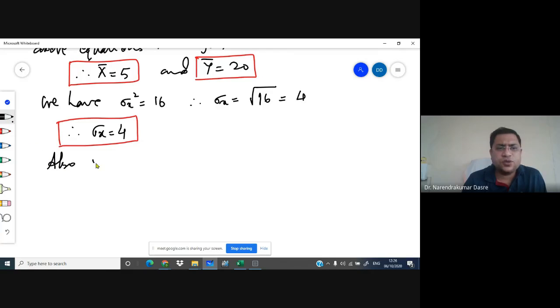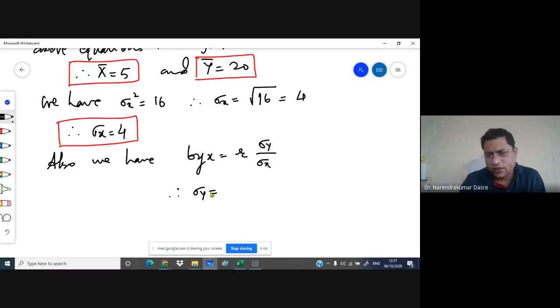Also, you can choose any of the regression coefficients, bxy or byx. I choose bxy is equal to r times sigma y by sigma x. This is the formula that we know. I want to find sigma y first, and then sigma y square. So sigma y is sigma x into byx upon r. Sigma x is 4, r is 0.414, and byx is 4 by 5.